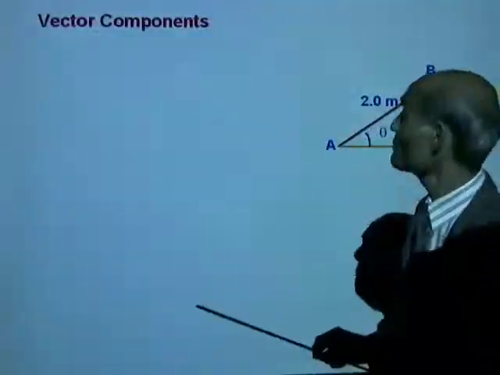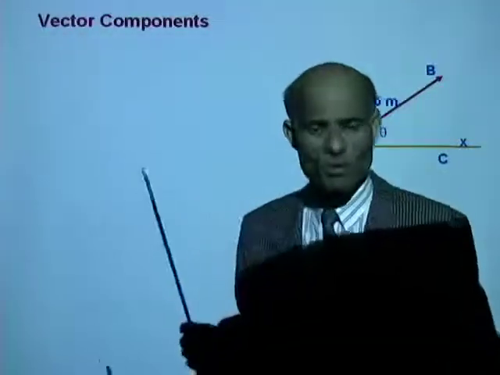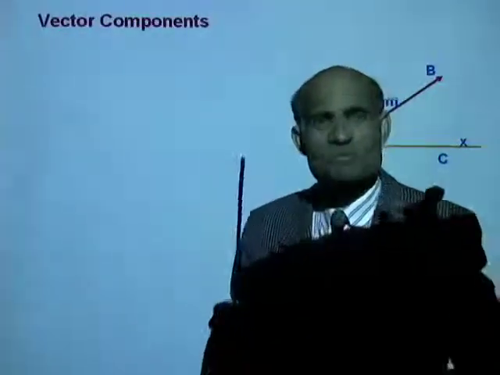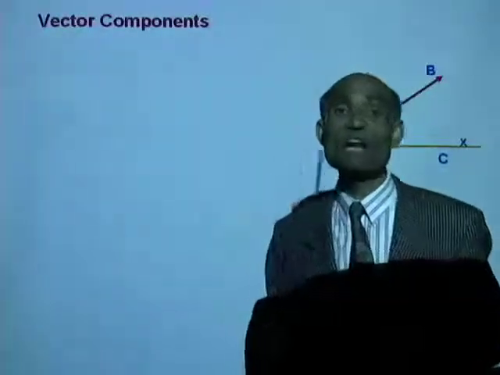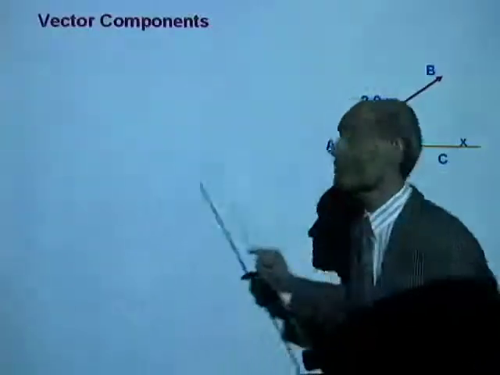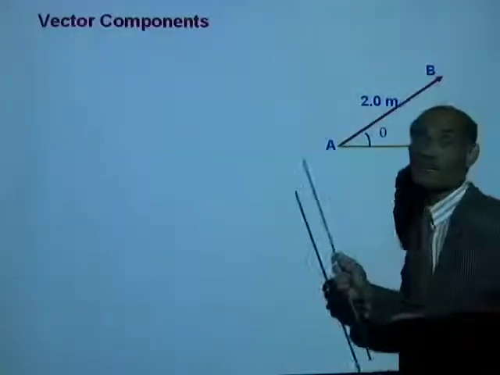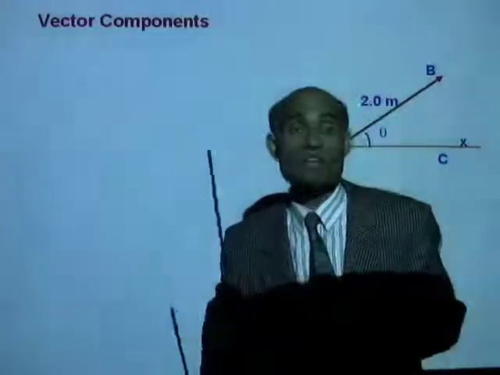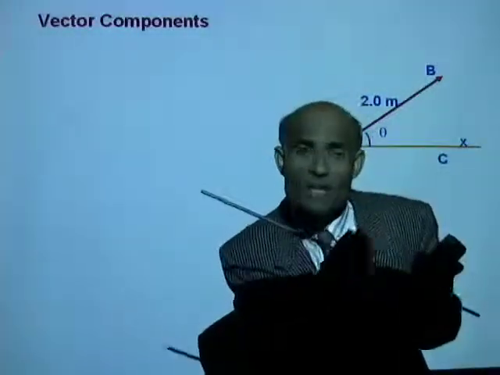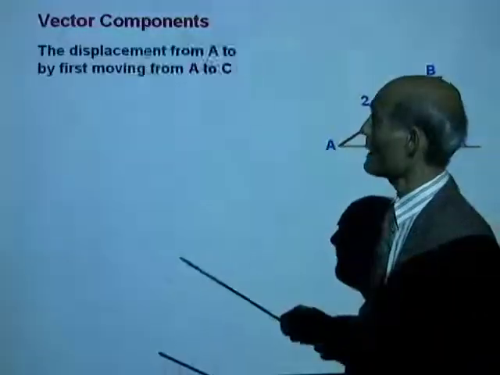Okay, let's now talk about vector components. A very important concept, and pay special attention to it and learn that concept. What is the meaning of vector components? If this is a vector, vector AB, that vector can be constructed by two simple components. Let's talk about that.